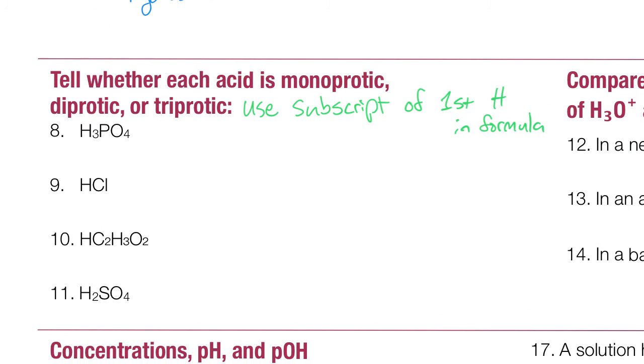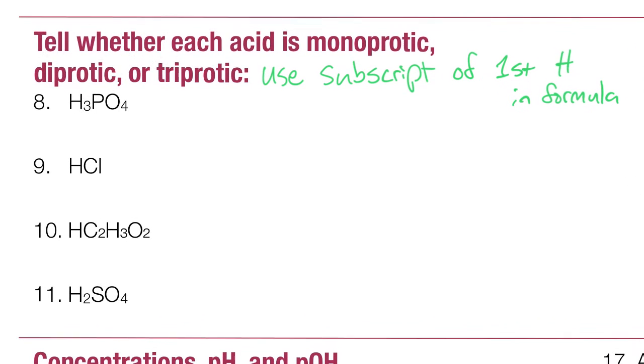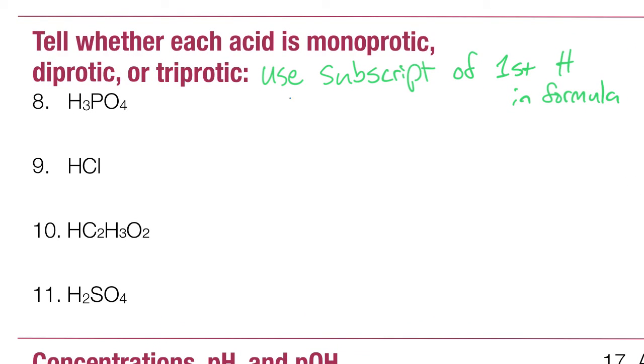The next section is actually a really easy question. It wants to know if each acid is monoprotic, diprotic, or triprotic. And I remind you of the key to answering this question right here. You're just looking at the subscript of the hydrogen. And I'm talking about the first hydrogen in the formula, the H at the very beginning of the formula.